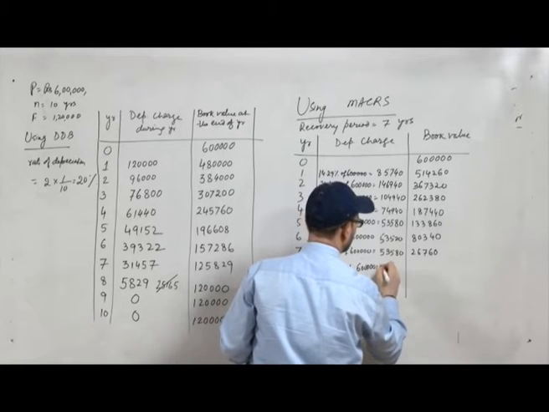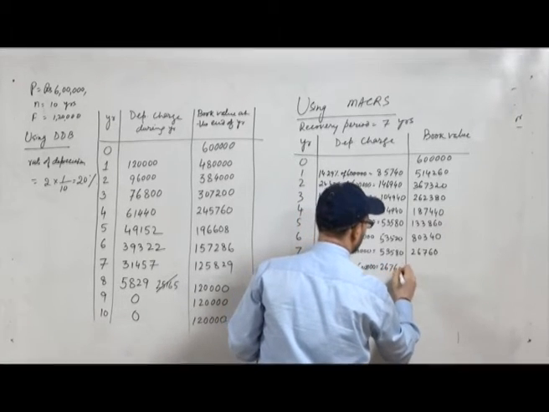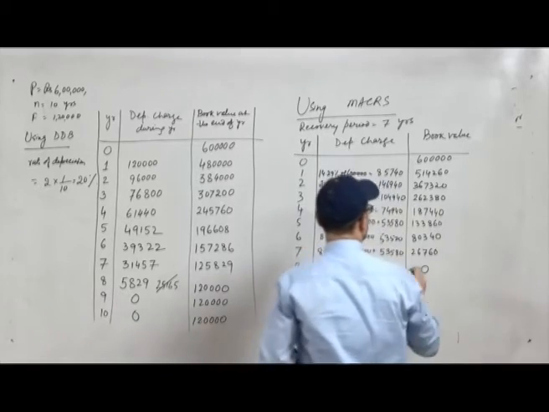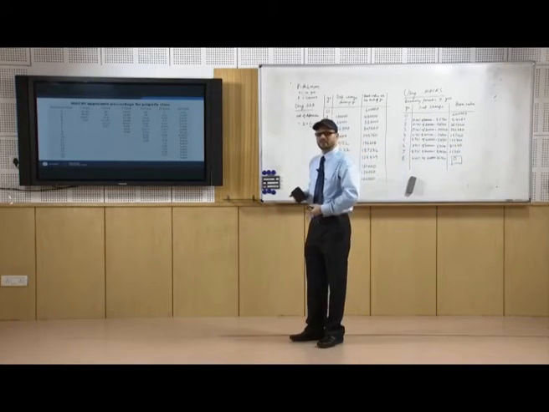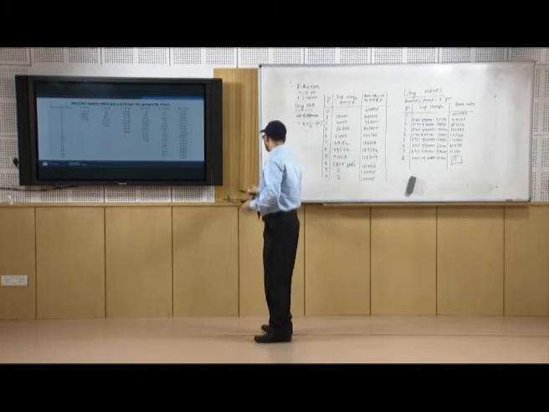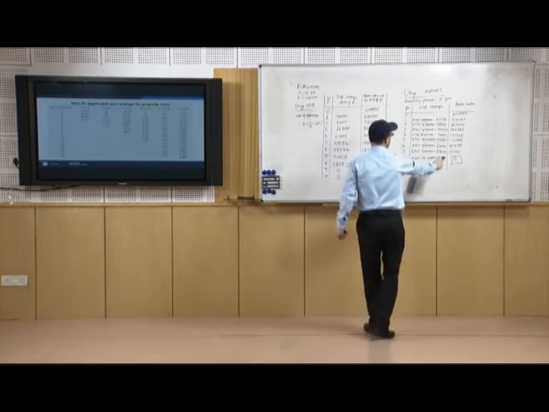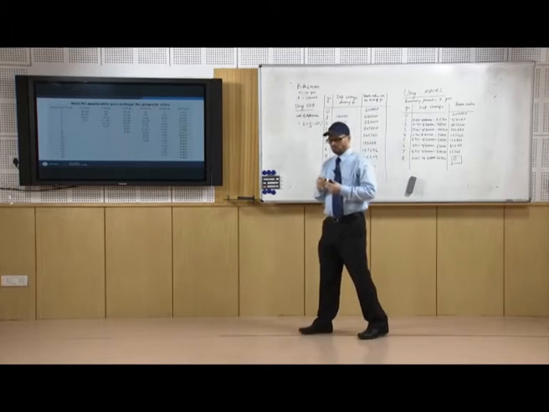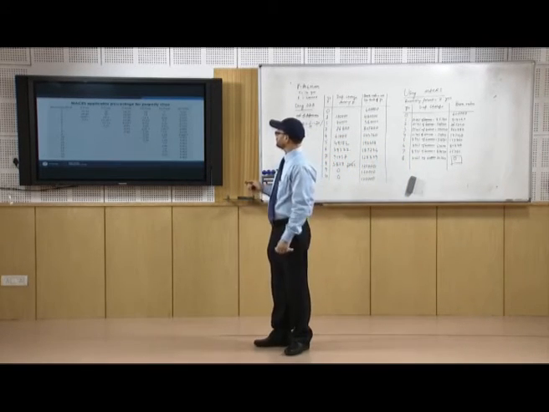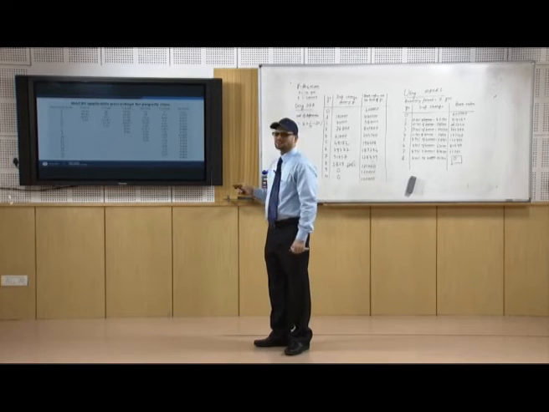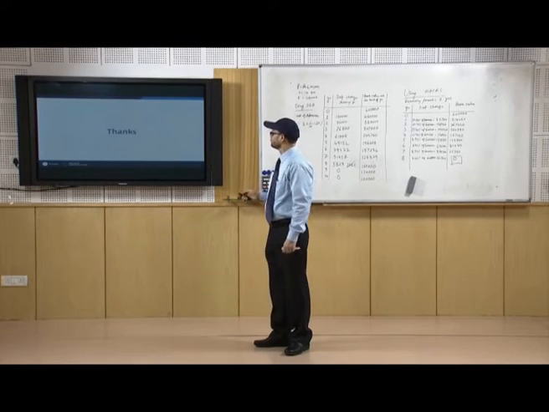This is 26,760. So, it will be 0. So, in the MACRS, as you see, the whole cost is recovered and you get the final salvage value as 0. So, this is how the MACRS system works. We solve the problems based on MACRS for any property class using this table. Thank you.